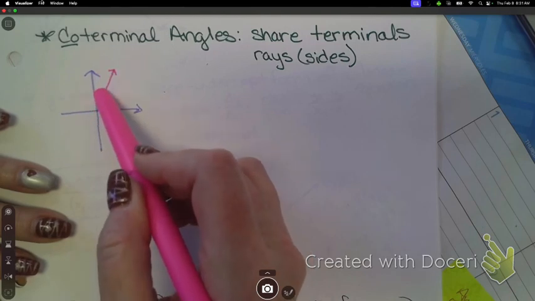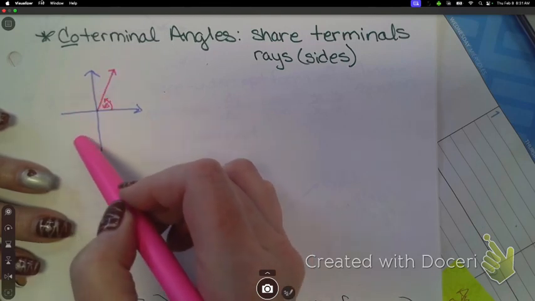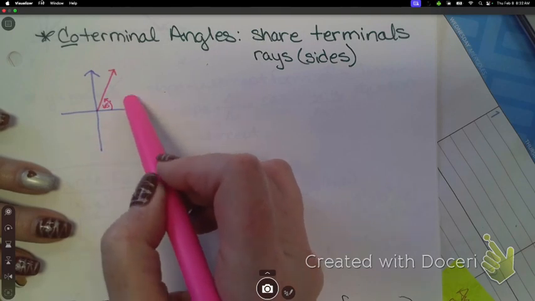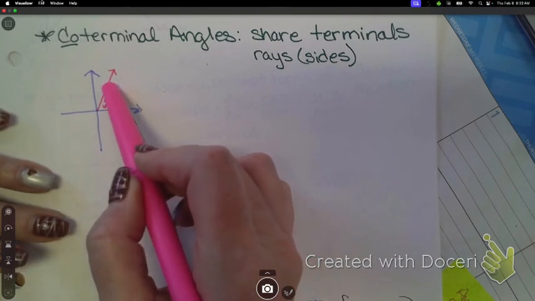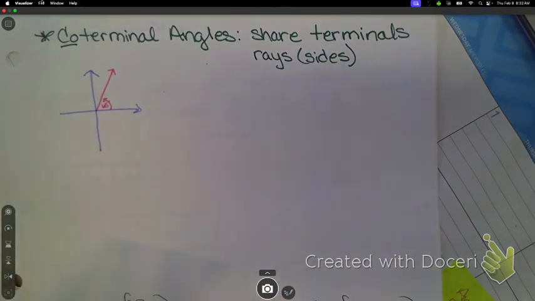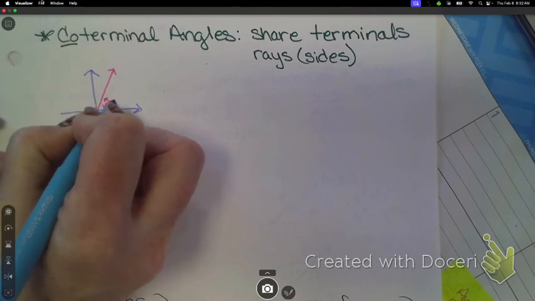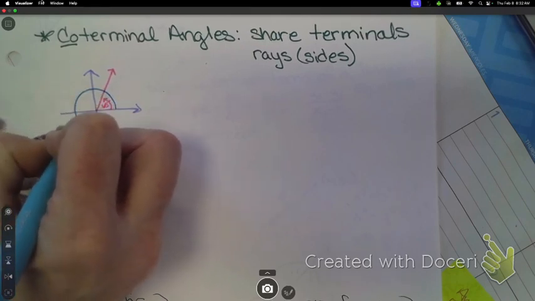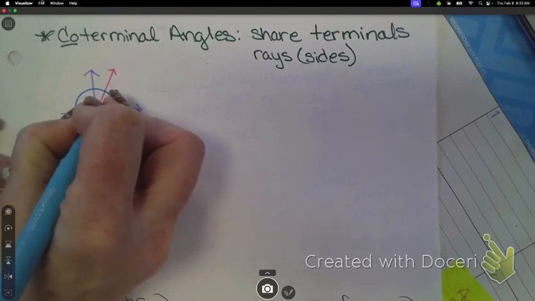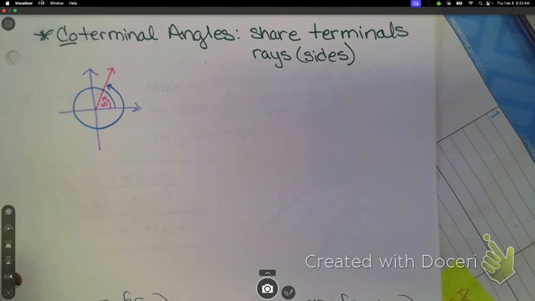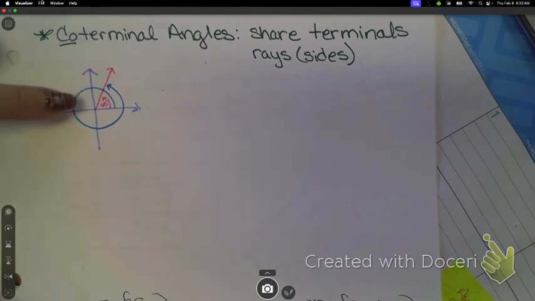Well, that means I'd have to move all the way around to get back up there, wouldn't I? I'd have to go past it and then go all the way around to hit it again. What angle would that be? If the first one's 65, what would the blue one be?